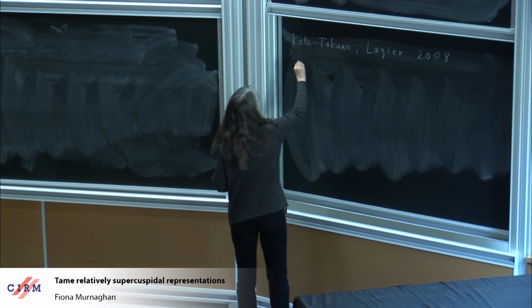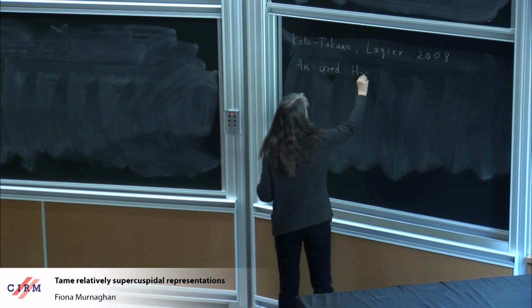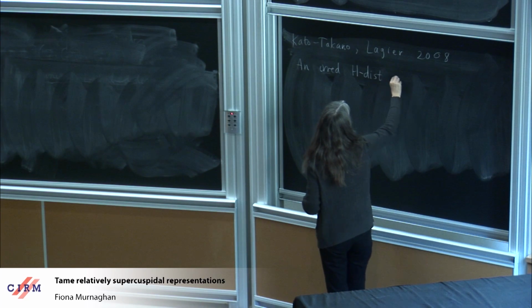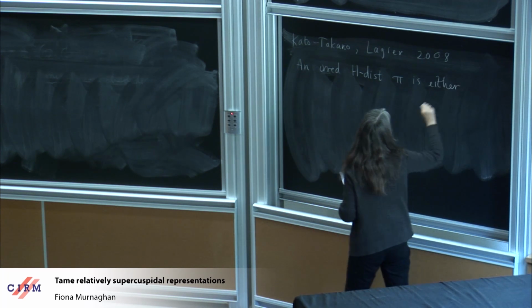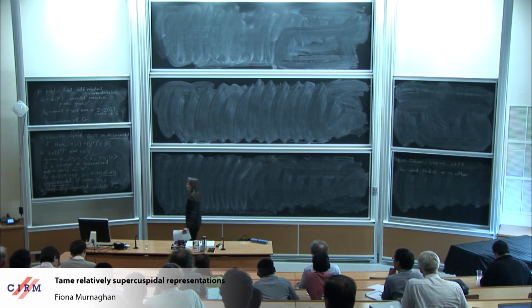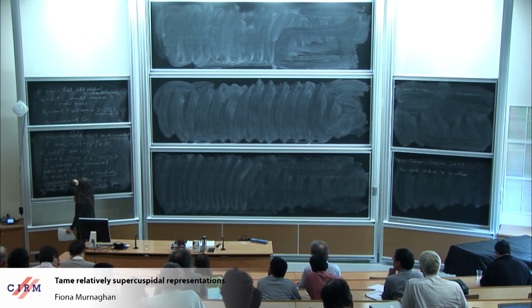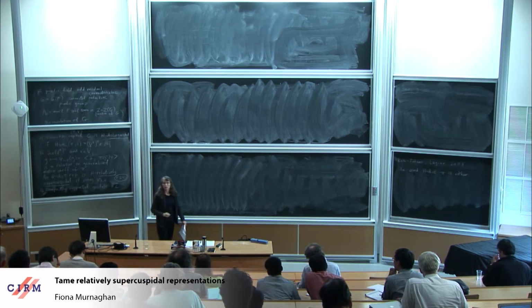An irreducible, H-distinguished pi is either, and in order to not write too much, I'm just going to call this RSC for relatively supercuspidal.